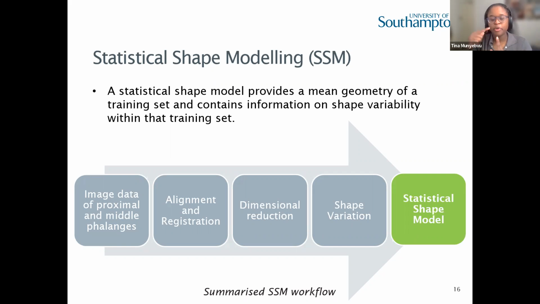So the proximal phalanx, which is the third bone, and then the middle phalanx, they found the position of those changes between individuals. And then we also have six other modes of variation. But as you keep going along the modes of variation, the amount of variation decreases. So the first mode is the biggest variation, and then the 9th mode is the smallest.